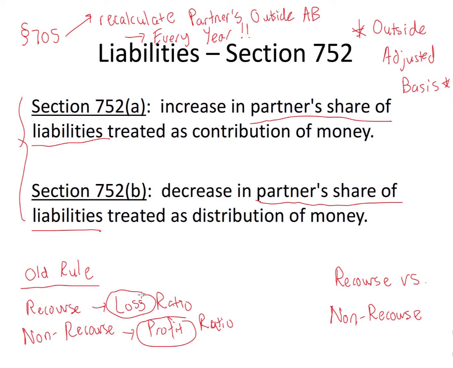Versus if the property goes up in value and things are going well, the partnership has lots of money to pay. So if the value of the property goes down and the partnership goes belly up, the creditors can go after the individual partners, so we look at the losses. So this is the old rule. It was that simple. But things have gotten a lot more complex, and there were lots of holes in this rule.